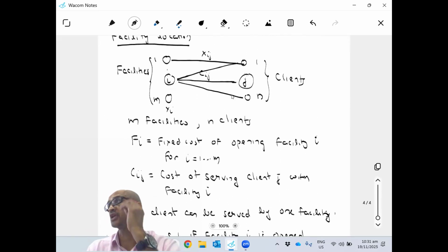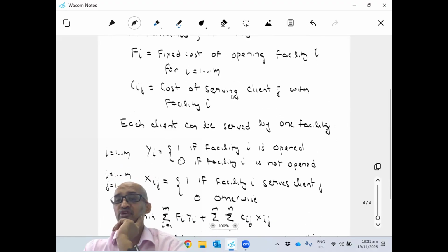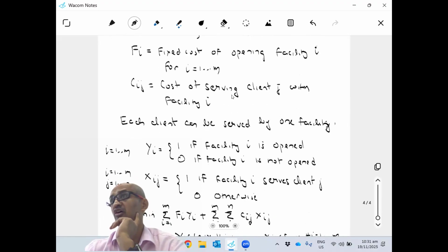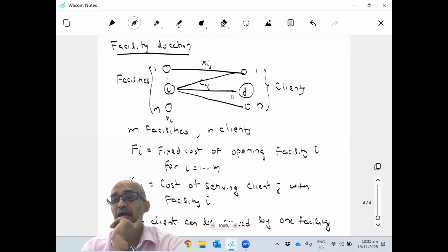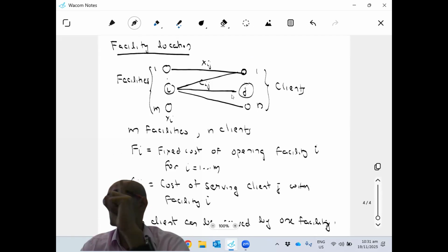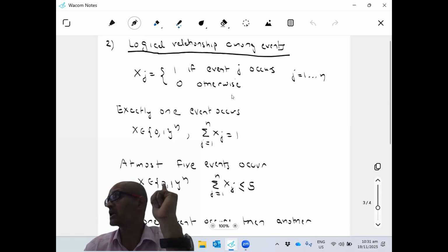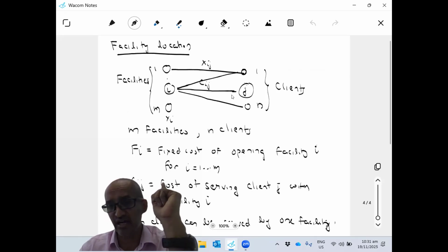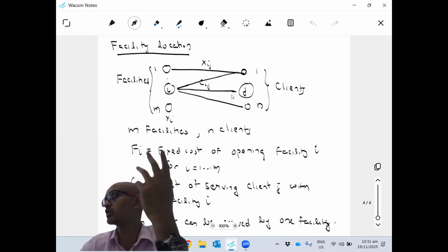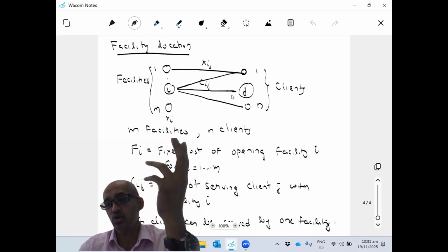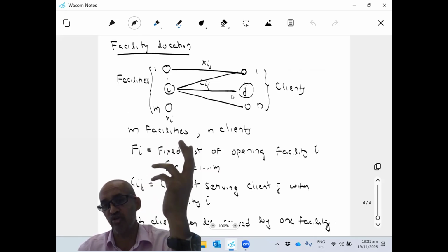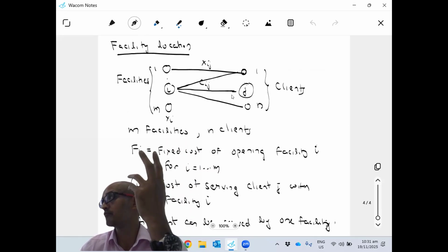So what are my other constraints I require? One constraint I require is each client can be served by one facility. So if I look at any particular client, xij's are binary. I want it to be served by exactly one facility. I require at every j, exactly one of the xij's has to equal 1.